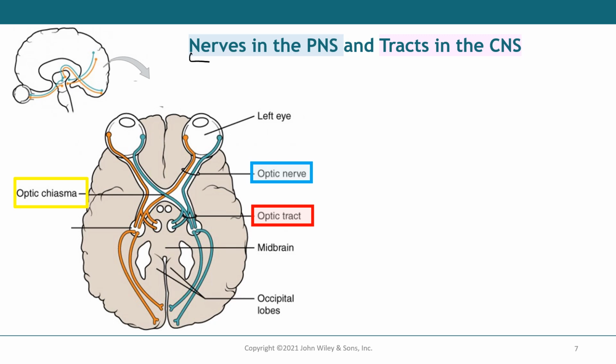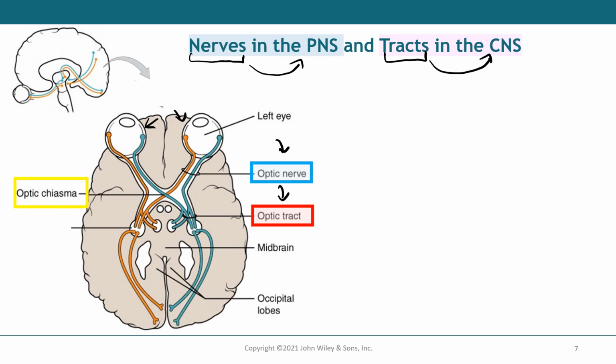Remember, this is an example that shows you that nerves are in the peripheral nervous system and tracts in the central nervous system. Here you have the eyes, and here you have the brain, and the optic nerves and the optic tracts.